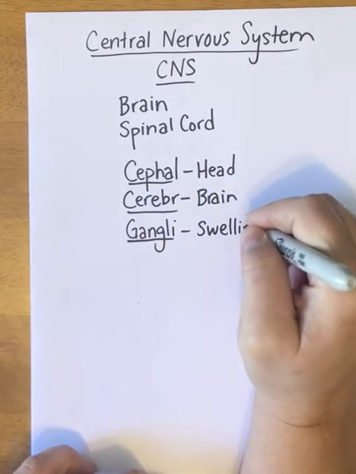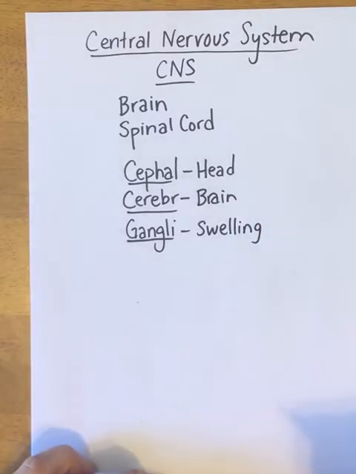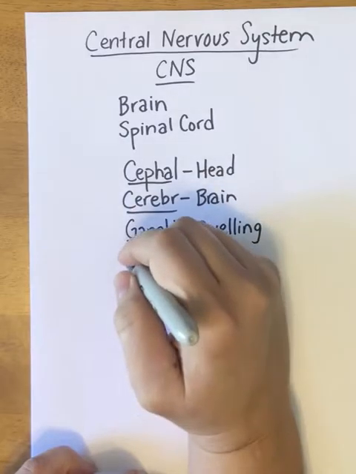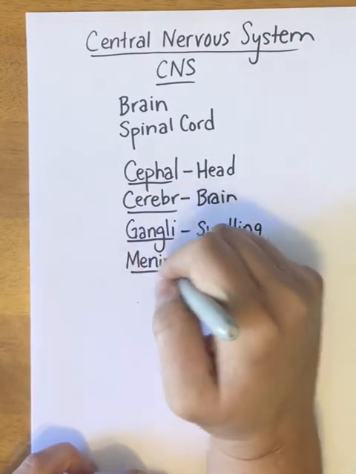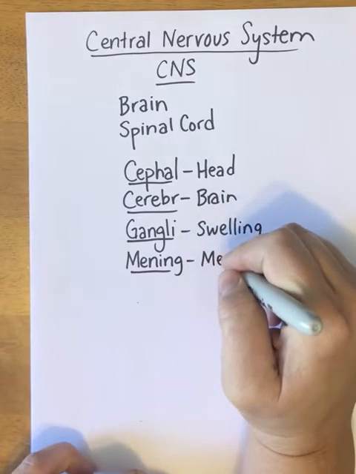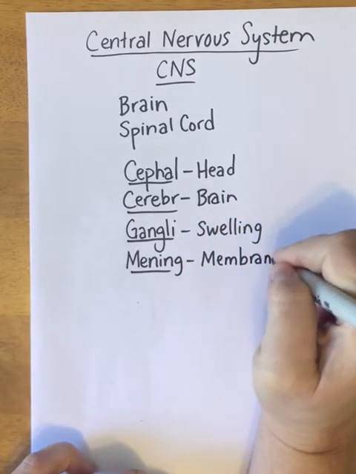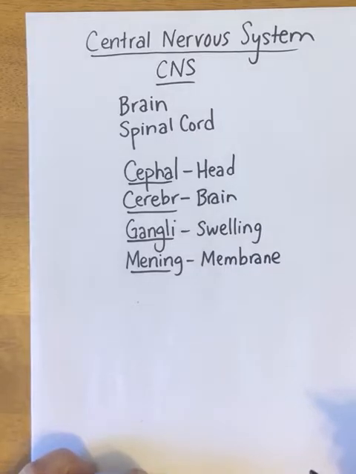So we're going to talk about the posterior ganglion on the spinal cord. The word meninge literally means membrane. So we're going to talk about meninges, the membranes that surround the spinal cord and brain.